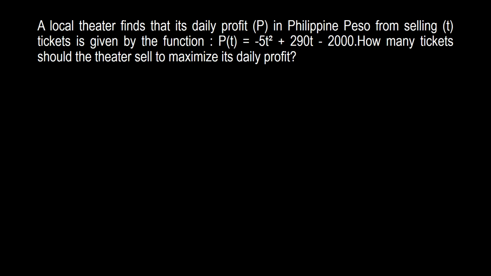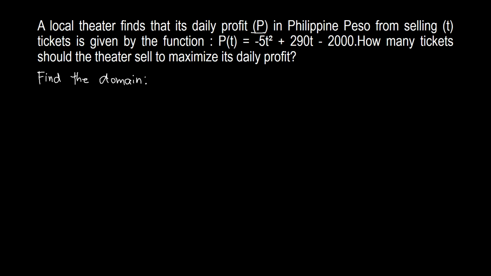We are going to first find our domain because we don't have any given interval there. We don't need to introduce our variables because the profit is represented by P while the tickets are represented by the letter T.